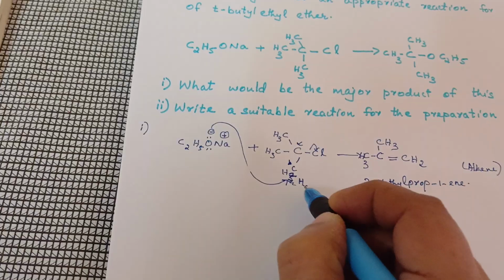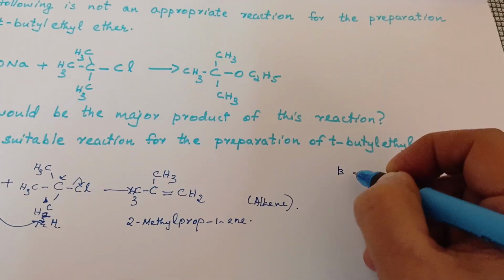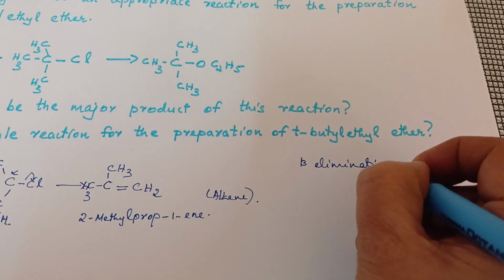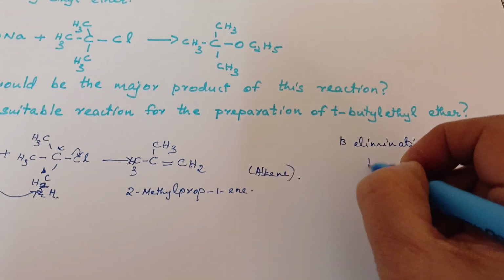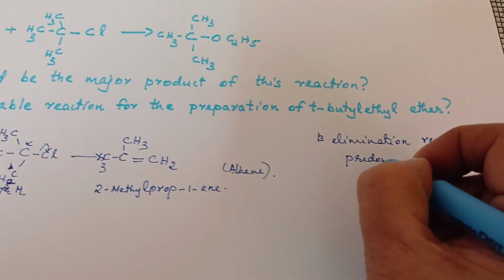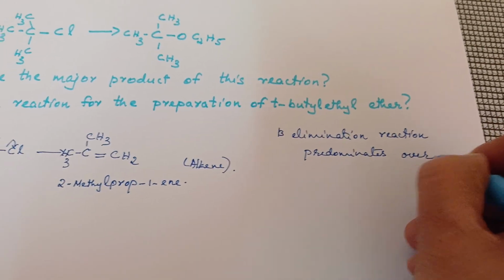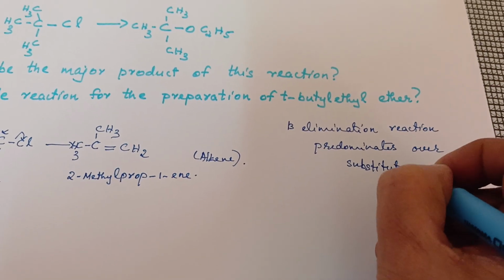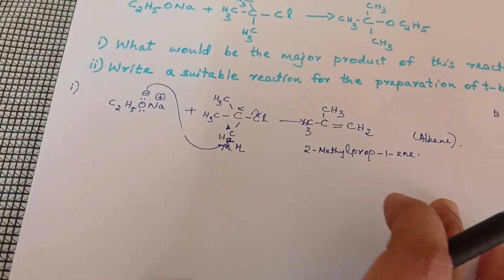So beta elimination of hydrogen takes place, the elimination reaction predominates over substitution, and as a result you ended up with this alkene.